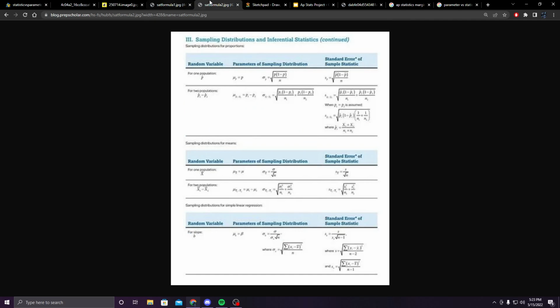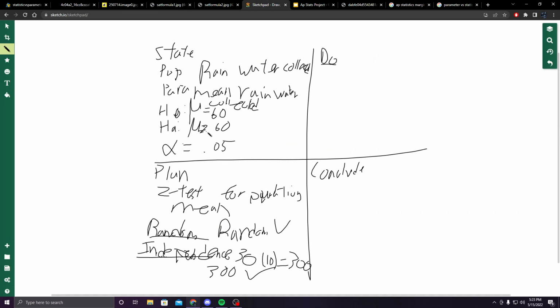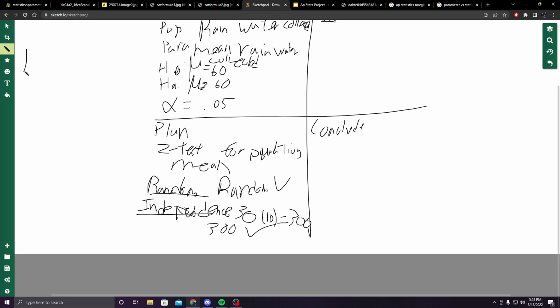But let's test normality for my example, and normality is met because 30 is greater than or equal to 30, so that's good.